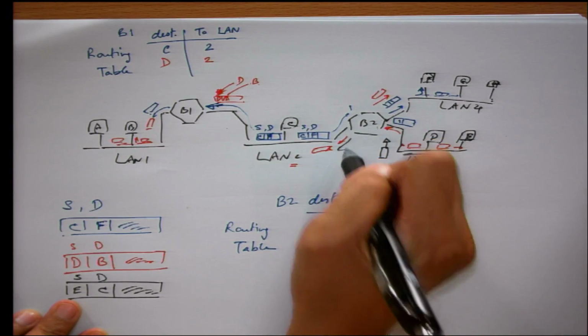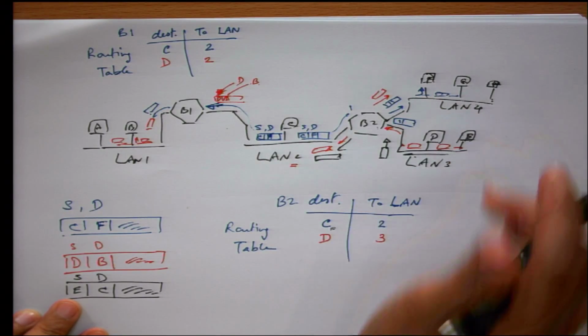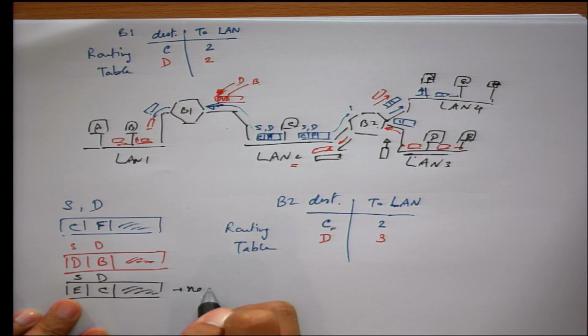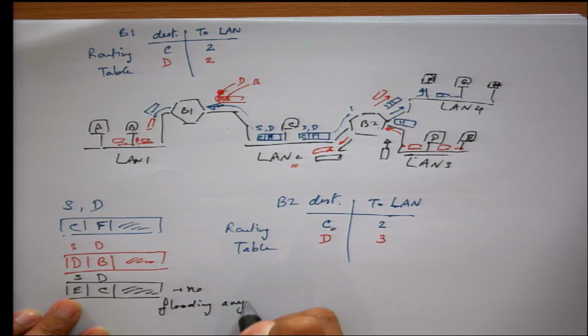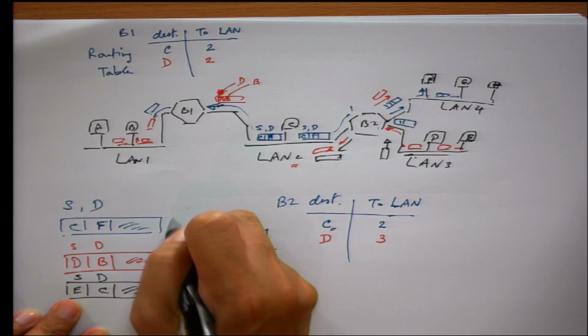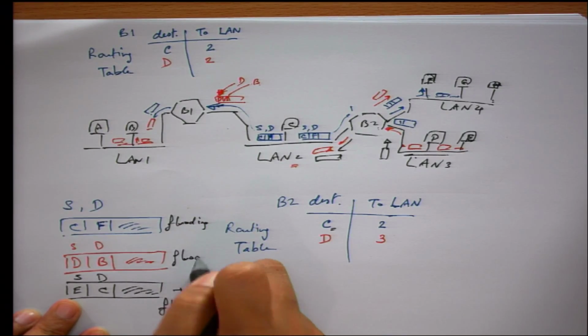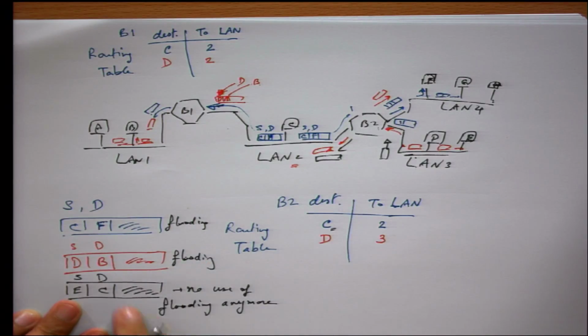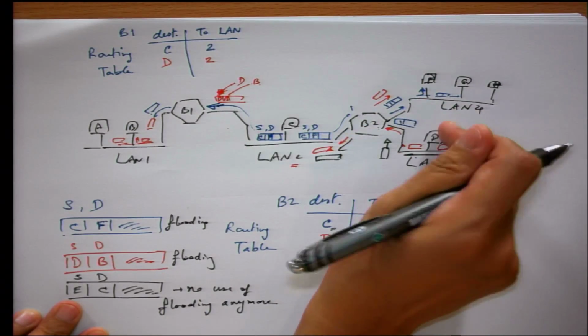So it will just send this one to LAN 2 and not to LAN 4. So no flooding anymore. The earlier case had to use flooding because at first you don't know where the destination is. But in this case, you don't need to use flooding anymore because you know that to go to C, you go to LAN 2. So you just go to LAN 2 and not LAN 4.